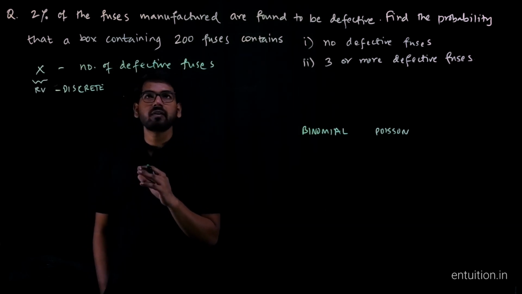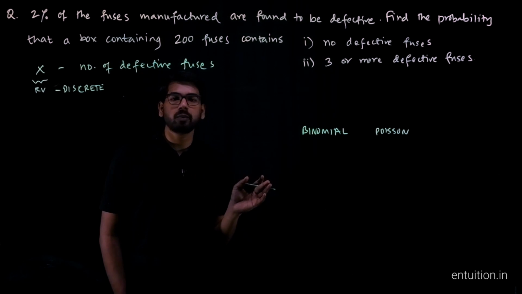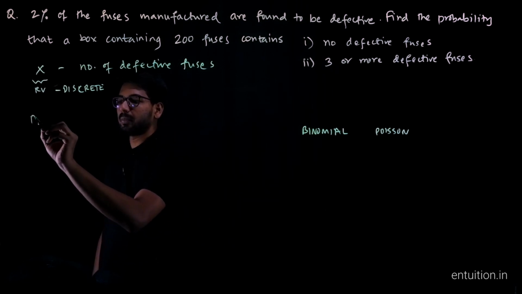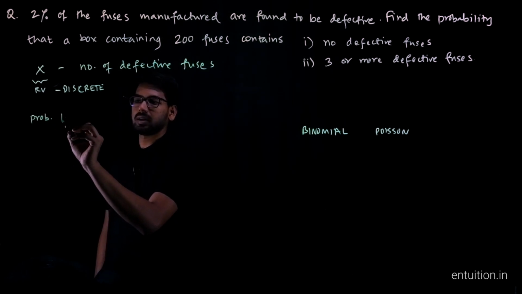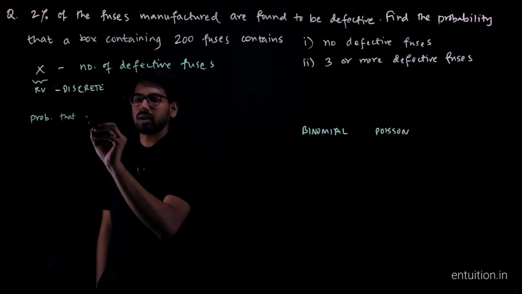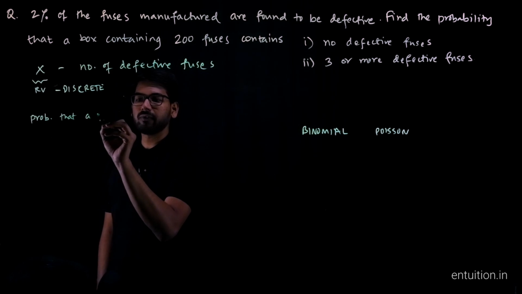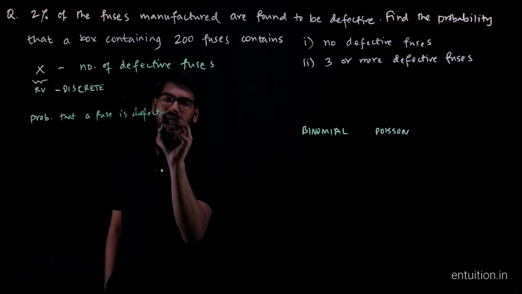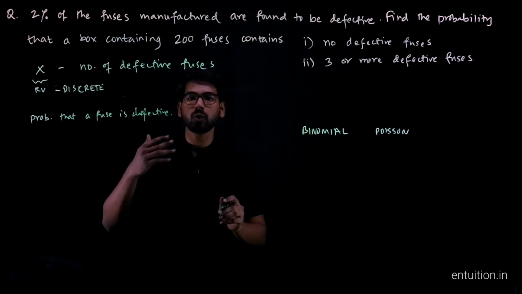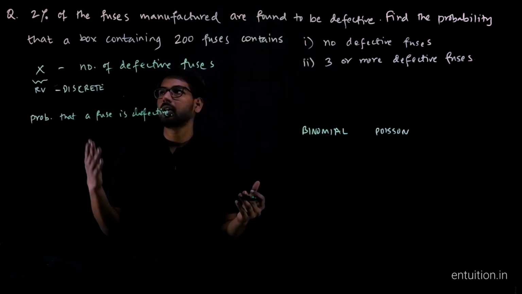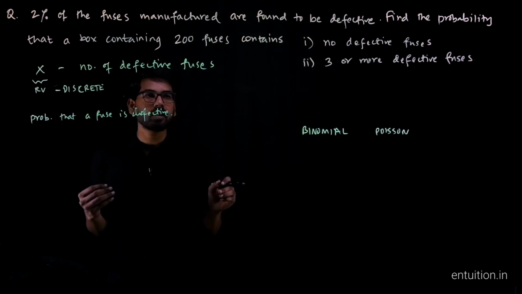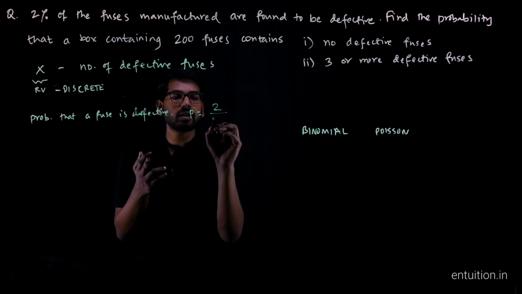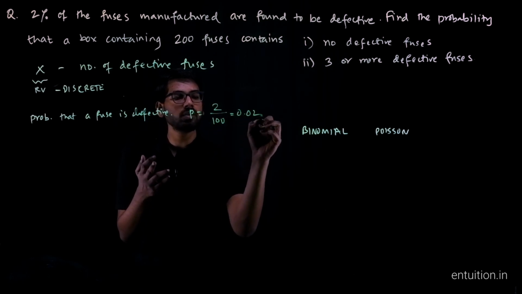2% of the fuses manufactured are found to be defective. So that is the probability that a fuse is defective. 2% means 2 in 100 fuses are defective, or the probability that a fuse is defective is 2 in 100, or 0.02.